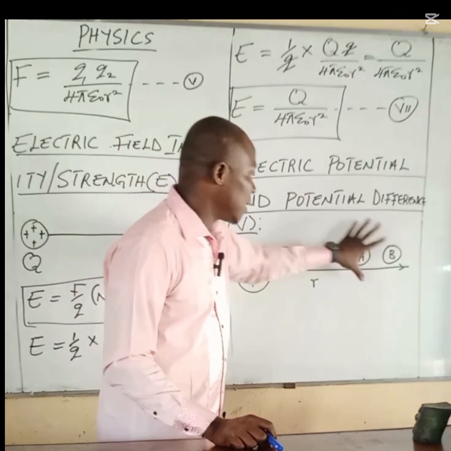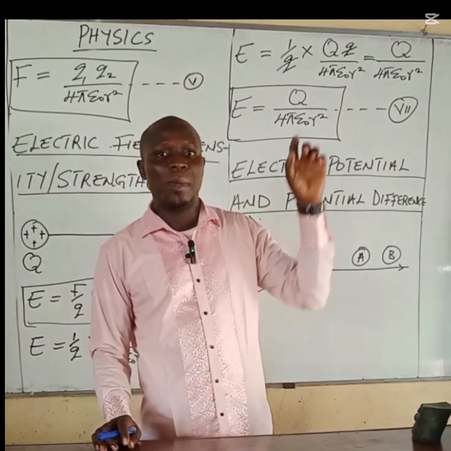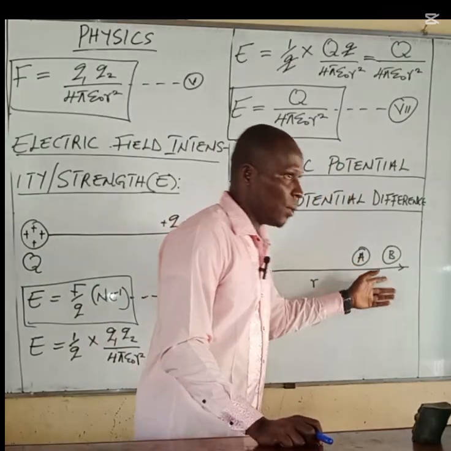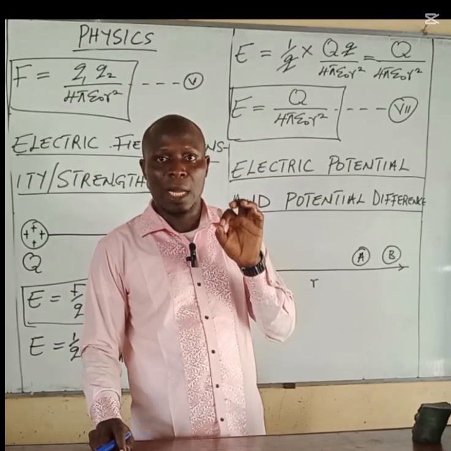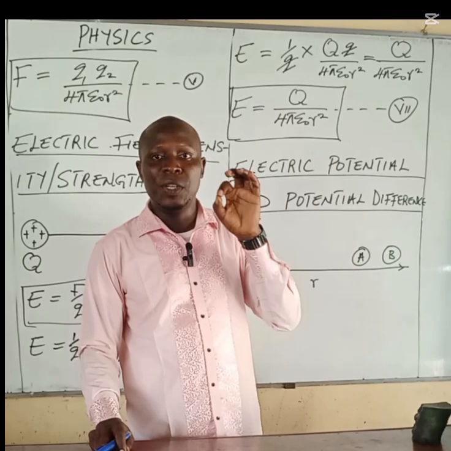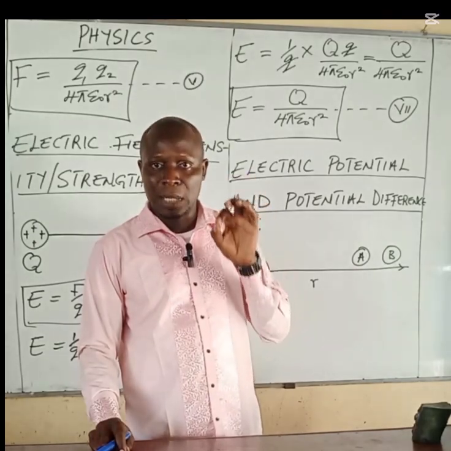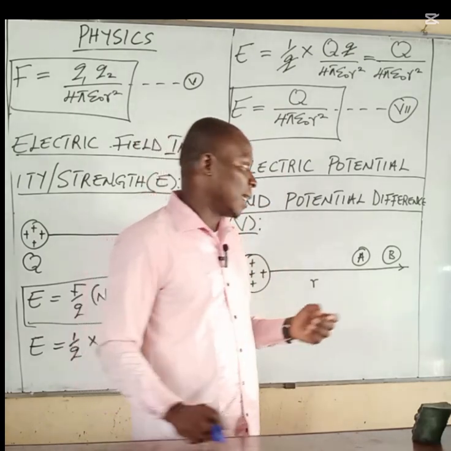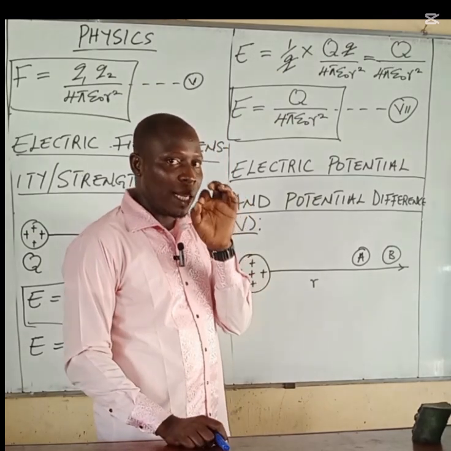When we bring a charge from an infinite distance against the electric force of this field, we say we have done work, and that is what we call electric potential.